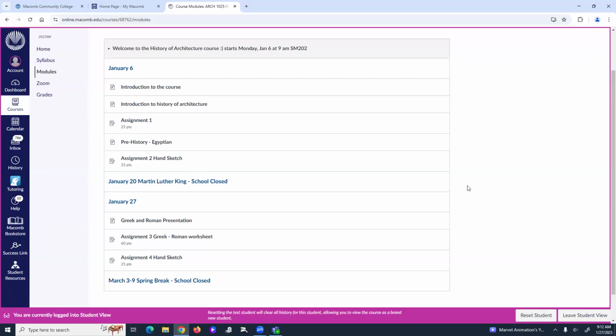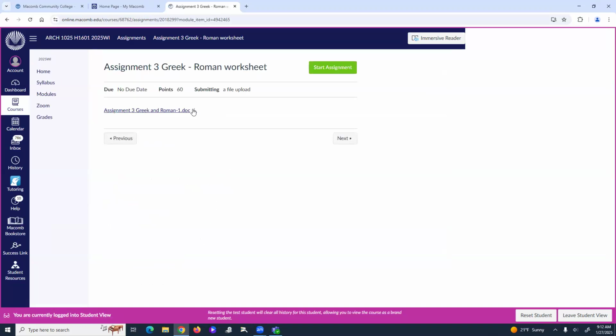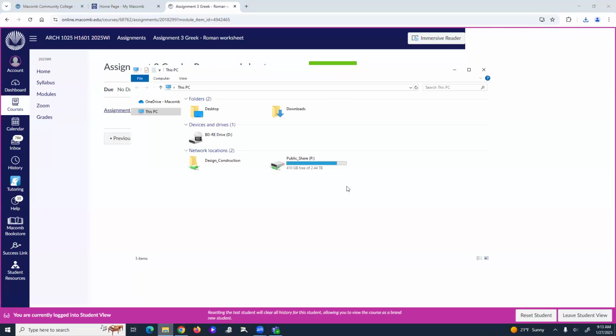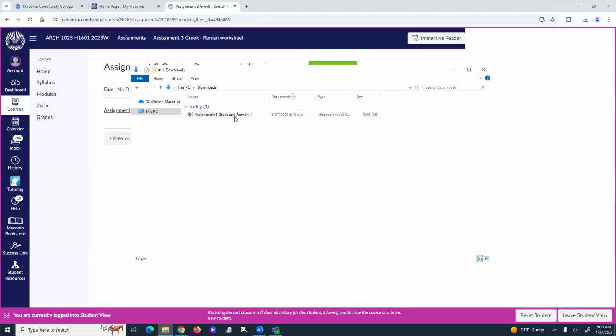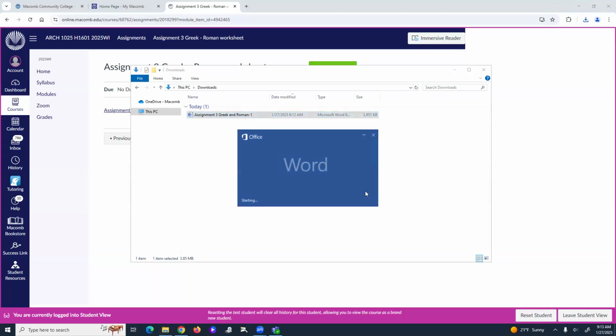All right. So today we're going to take a look at Greek and Roman architecture, and we'll do a worksheet. Guys, I can print that worksheet right now if you'd like to fill it out in the classroom. If you're at home, you can download it and start to fill it out. It is a Word document, so you can fill in the blanks as well.